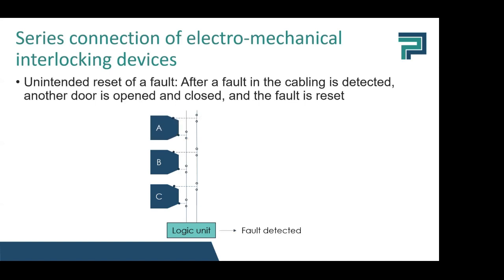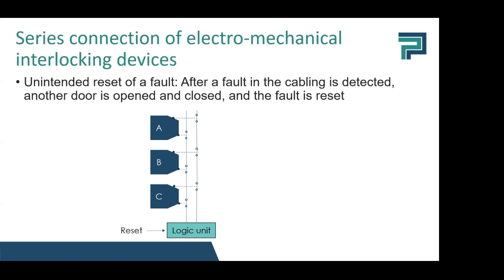If we close the guard again, the fault remains, and we can't reset because for the logic unit to reset, both channels have to be closed at the same time. But if we now open guard B and close it again, both channels have opened and closed, and we can reset the fault. The logic unit doesn't know that it's for guard A.